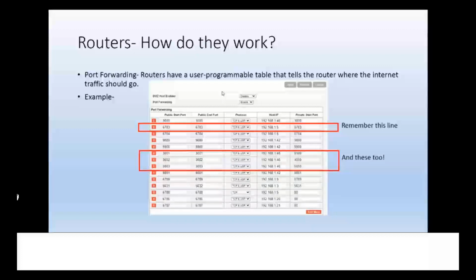Now, it's important to notice that the ports on the left side and the right side don't have to match, and you can actually send multiple ports to the same IP address. I've highlighted these 2 squares in red because I'm going to talk about them in a little more detail.